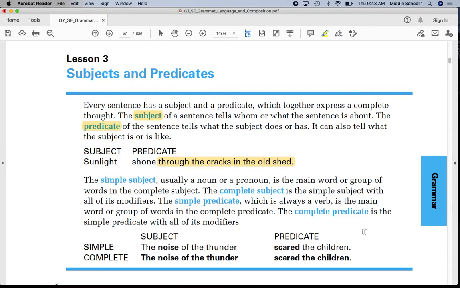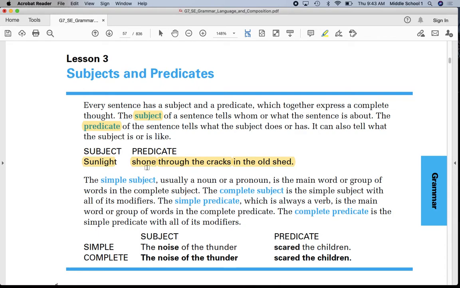Okay? The first part of my lesson is to identify the simple subject and the simple predicate. The second part of my lesson is once I identify the simple subject and the simple predicate, then I want to be able to separate the 2. Sunlight is the subject.